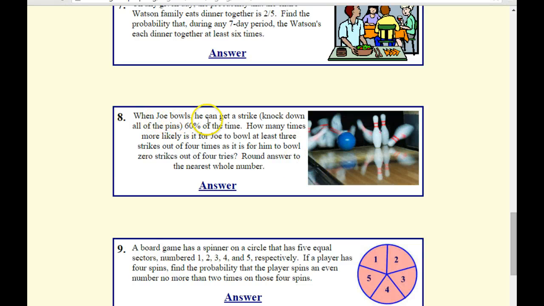When Joe bowls, he can get a strike 60% of the time. How many times more likely is it for Joe to bowl at least 3 strikes out of 4 as it is for him to bowl 0 strikes out of 4? We'll get to that part, but let's figure out what's the chance that he gets 3 strikes out of 4?